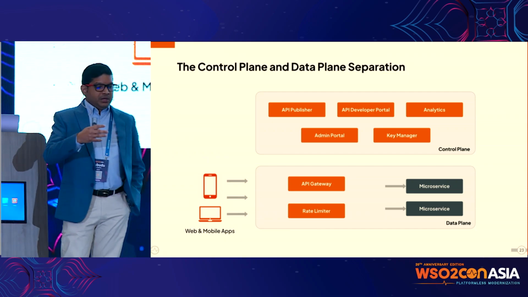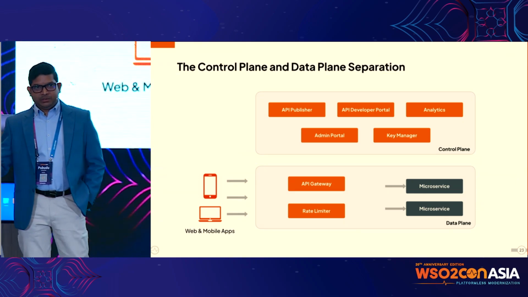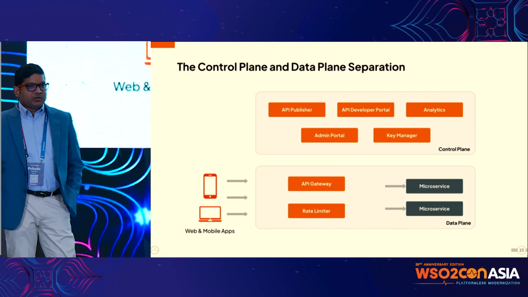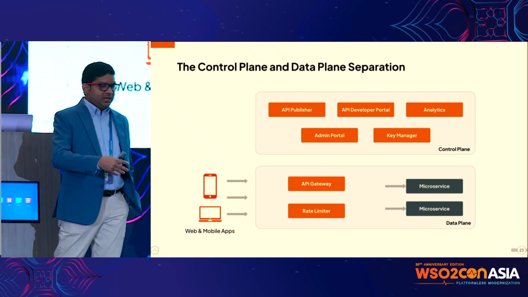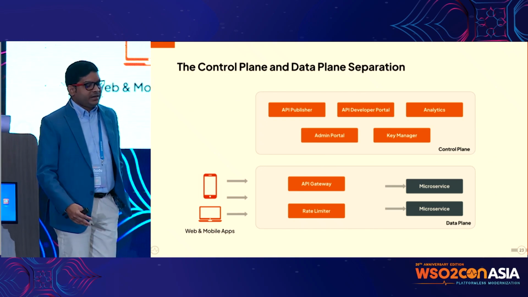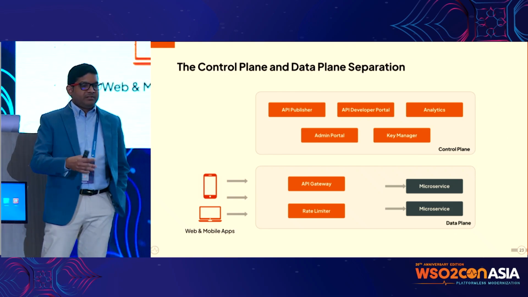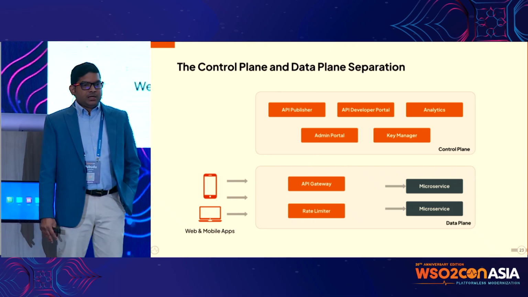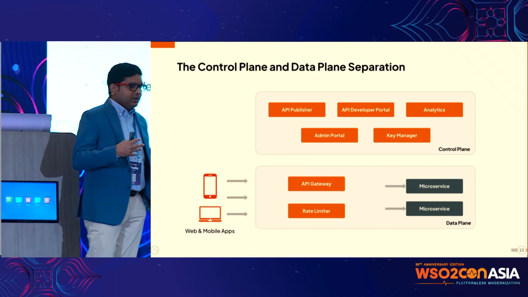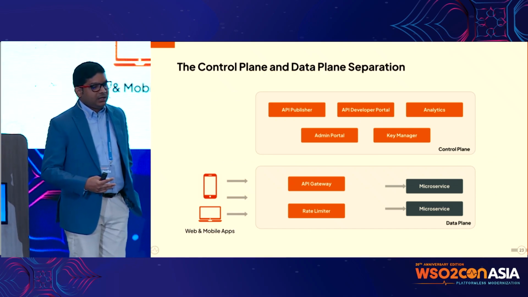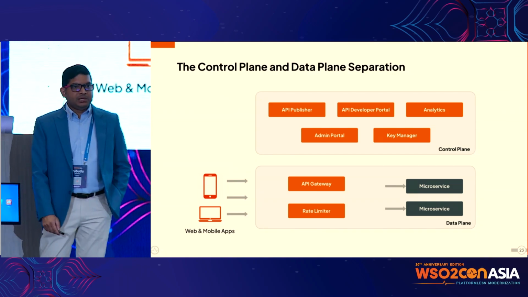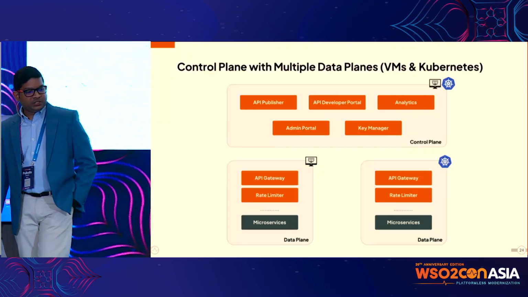And then you have the data plane, as I explained earlier. That's where all your microservices and all your API gateways reside. And then mobile and web applications are connected to the data plane. So that's the high level idea of having this control plane and data plane separation.